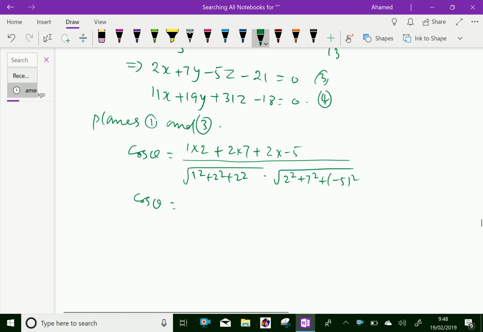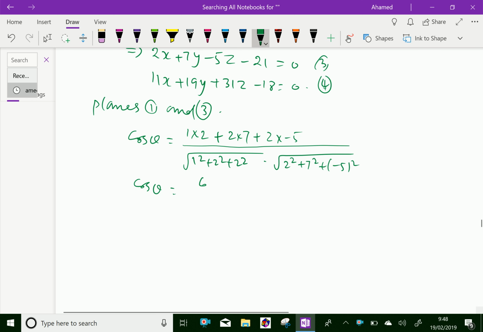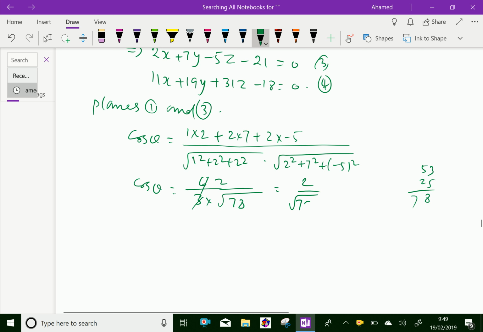cos theta equals 2 plus 14 is 16, 16 minus 10 is 6, over 3 into the square root of 4 plus 49 plus 25, which is 78. So it is 2 over the square root of 78.